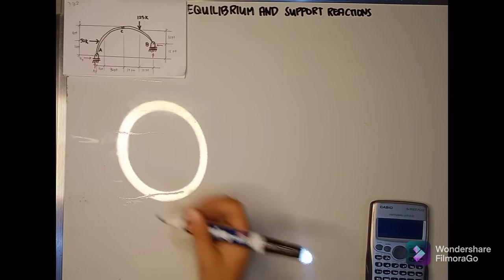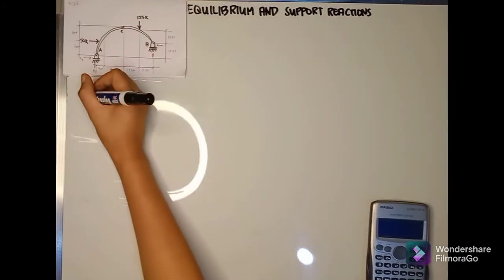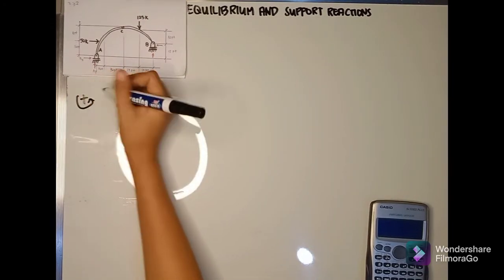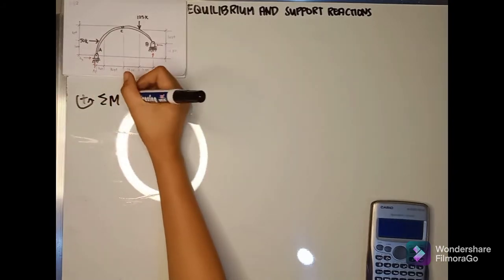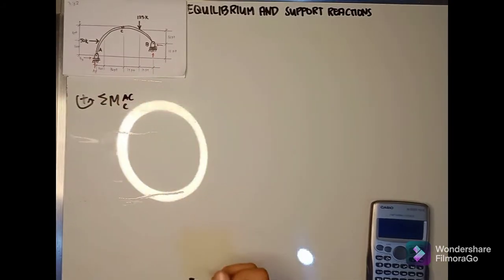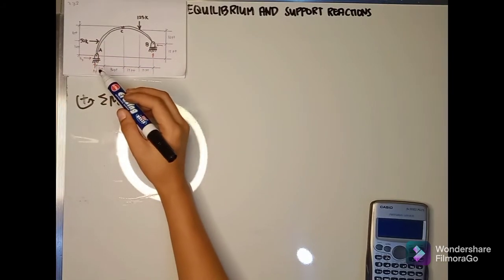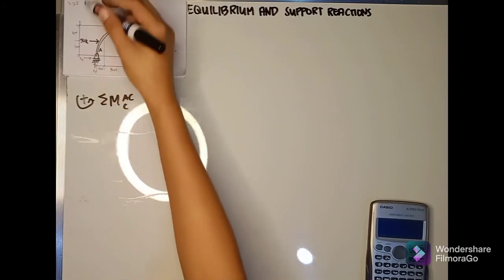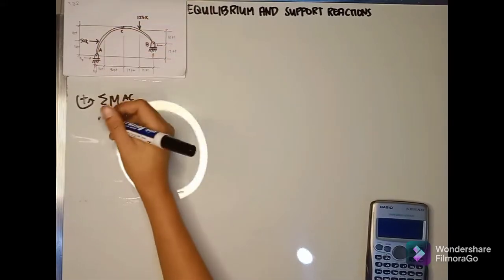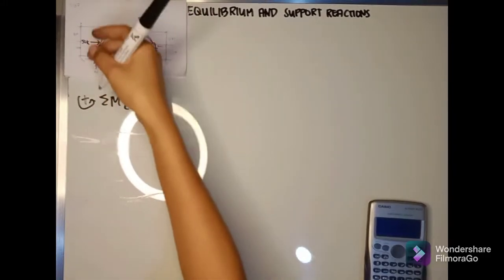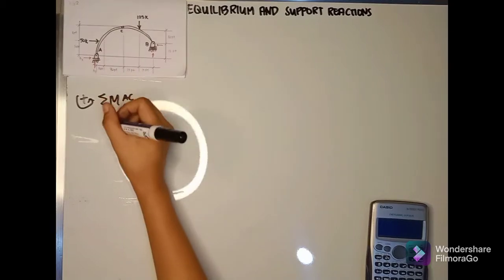We take moment at point C. Counterclockwise is positive, summation of moment, segment AC, at C. For AX, the moment arm is 24 feet. The direction is positive because counterclockwise.